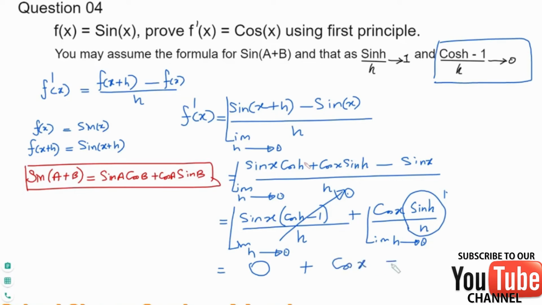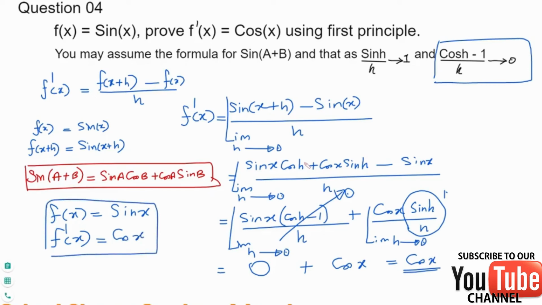So the final answer for the question is cos x plus 0, which is cos x. So basically the derivative of f of x equals sine x, f dash x equals cos x. That is the answer for f dash x.